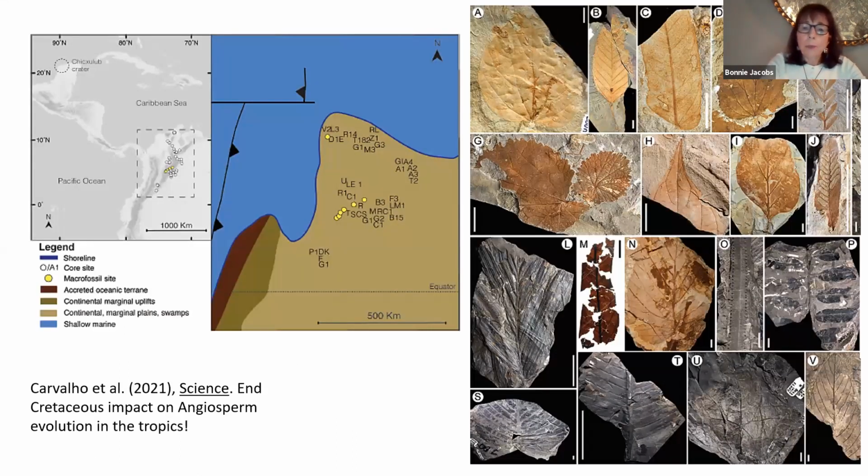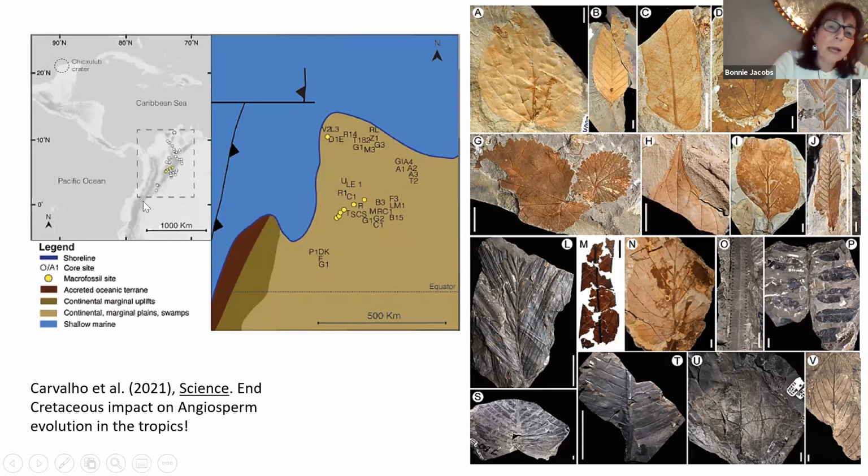Well, I wanted to tell you about this really exciting new report, a new publication that just came out in the journal Science by Carvalho et al., where they looked at many, many localities from tropical Colombia in South America. Okay, so here we are. Here's the general map right here.